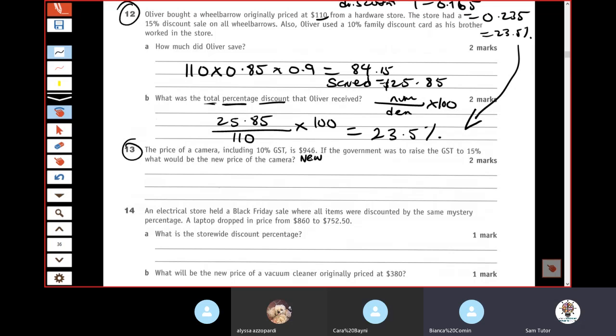So you've got to first work out what the old price was, and then raise it by 15%. Do we know how to find old? No?